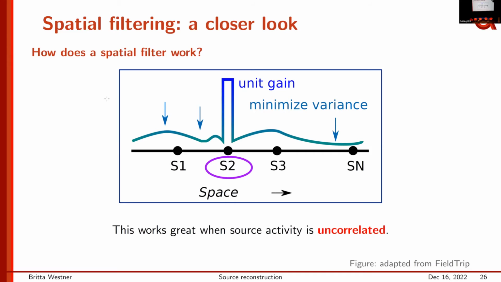But on sensor level, what came from here and came from here is undistinguishable because they are correlated in time. And this is exactly when a beamformer breaks down. So if you have extremely correlated sources, you run into trouble with a beamformer because it has this constraint of uncorrelated activity due to this minimization of variance across all the source points that are not the one you are looking at right now.